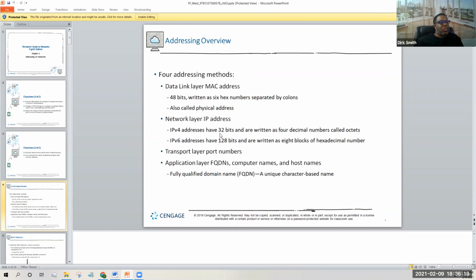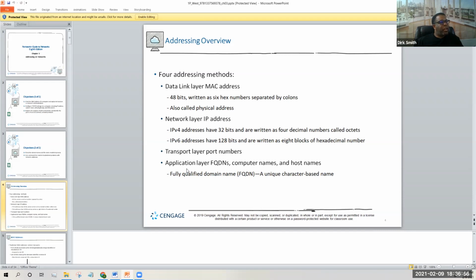In the 32-bit format, I can't remember exactly how many billions of IPs, but I think it's 4.3 billion. Yes, sir, 4.3 billion IP addresses can be addressed from IPv4, and you would think that's a lot, but like I said, the whole world, everything has to have an IP. So we came up with IPv6.